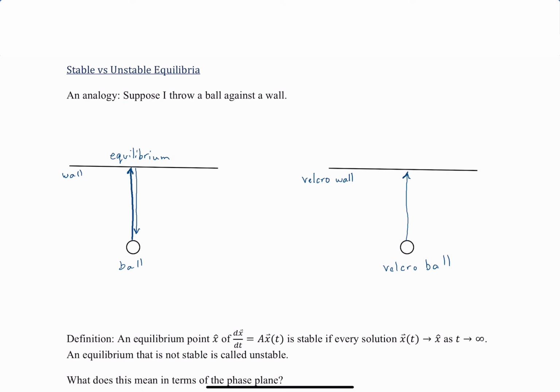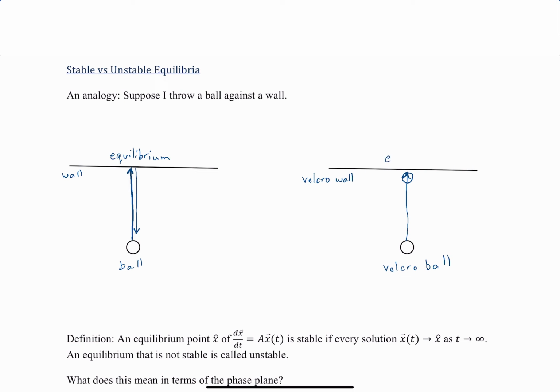Is it going to stay stopped? Well, in this case, yes, because even though the wall still exerts a returning force on the ball, the little hooks and loops on the Velcro exert a force that resists the bouncing force off the wall. So in this case, yeah, my ball just stays there.